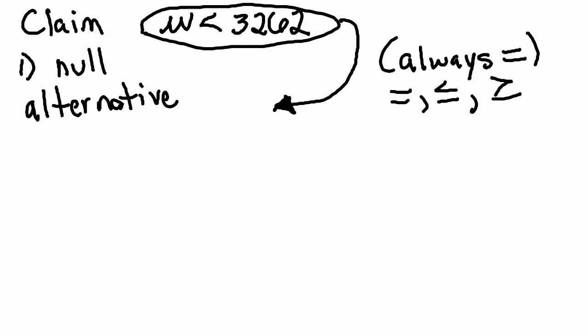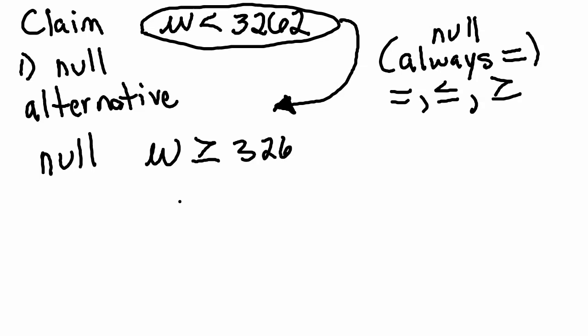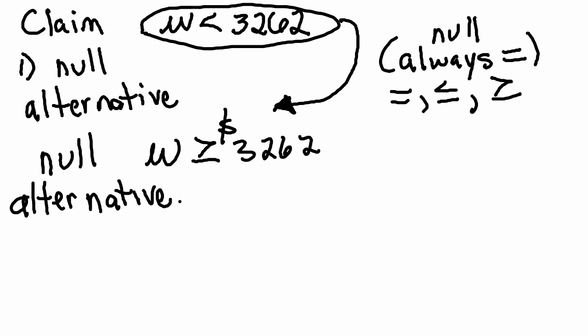Since this does not have the equal sign, it's just less than, that's going to be the alternative. So in this case, the null is going to be the mean is greater than or equal to 3262. And the alternative, and that's the only reason because it has the equal sign, is less than.